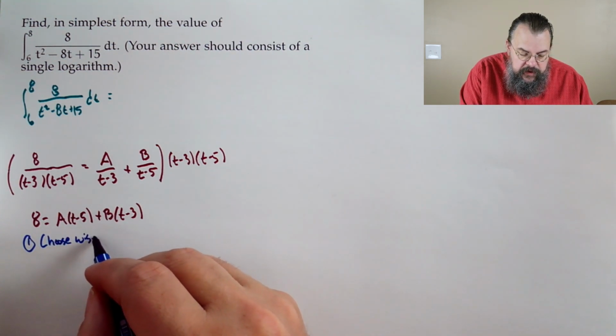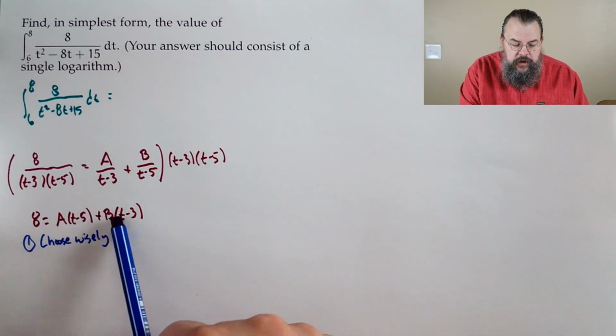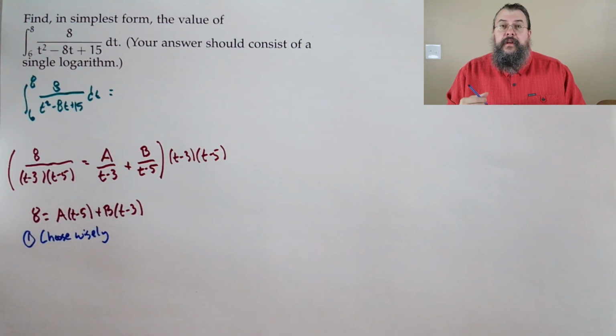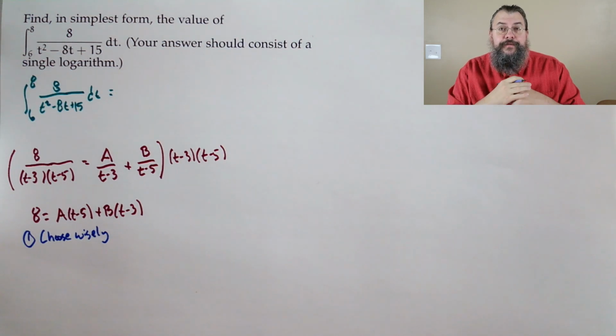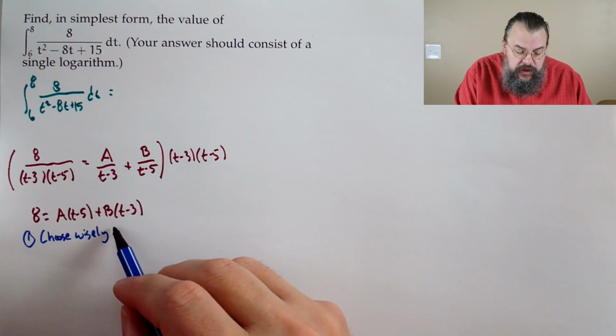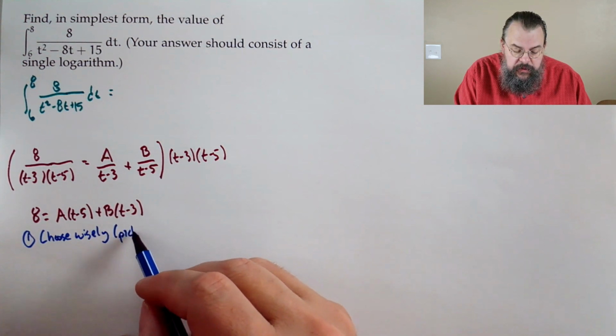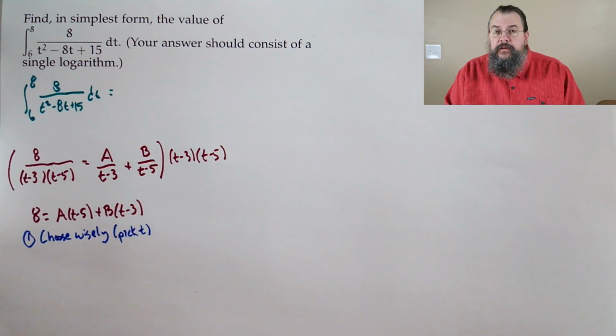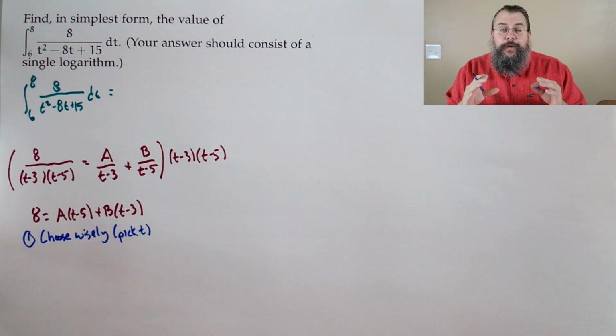Well, you say, look, it's a polynomial and a polynomial. So it has to be true for all choices of t. And so when we say choose wisely, we're going to pick some nice values for t. So here we want to say, look, pick a value of t which makes it easier to figure things out.